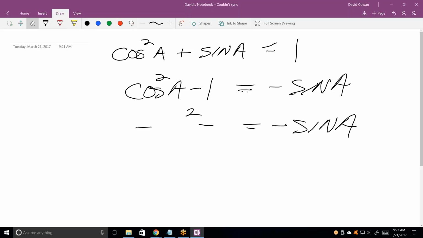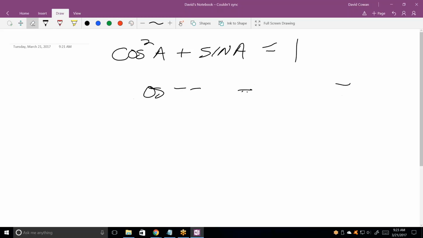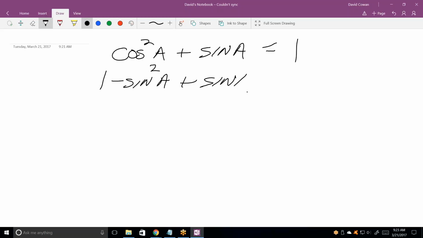We're going to get the same answer, but you're right, that makes more sense. Convert it right immediately to 1 minus sine squared A plus sine A. And then you end up with a quadratic.